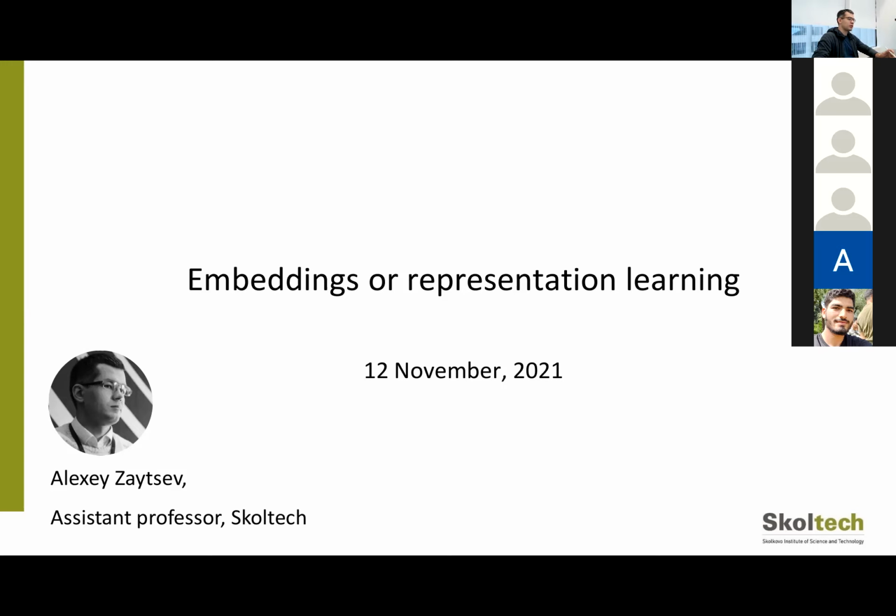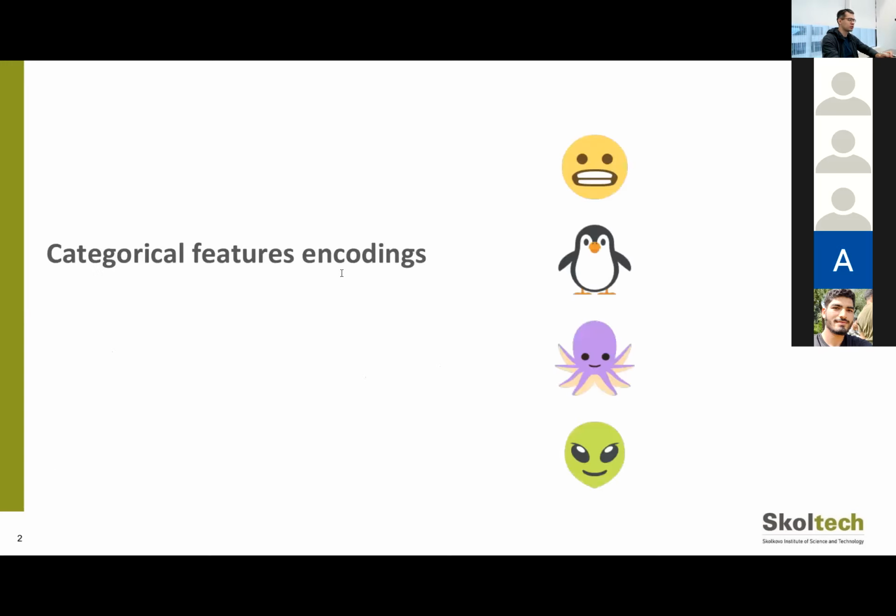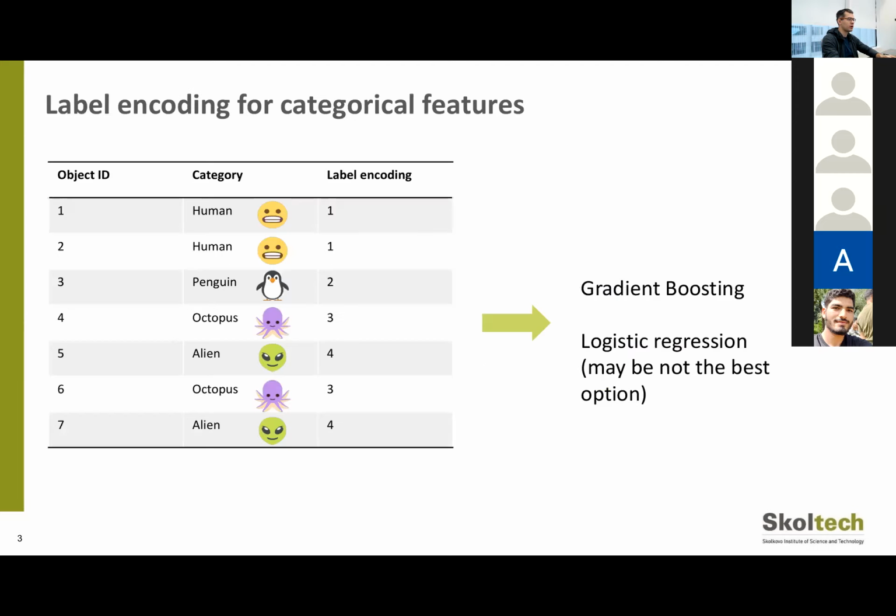Let's start with a very basic definition of what categorical features are and how we can encode or embed them. We say that we have a categorical variable if it can take values in some set of fixed size, for example k possible values, and the feature takes one of these values.